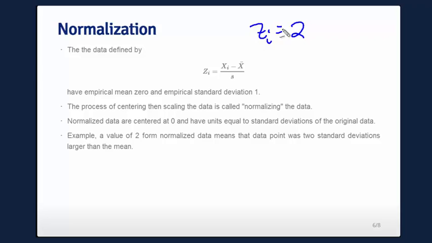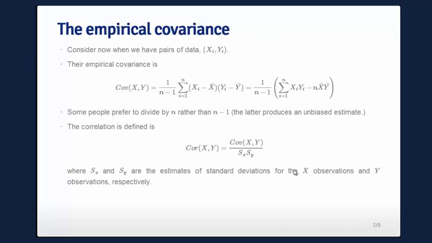Okay, so there's normalization. Let's briefly cover the empirical covariance. The covariance between two random variables, I write in this class as covariance x comma y like that. I think a lot of people taking this class probably have a computerish background.